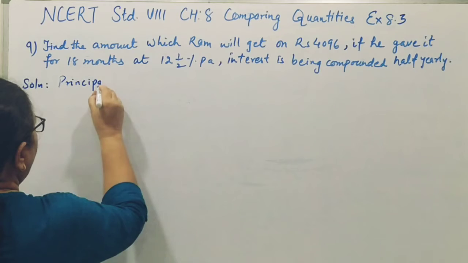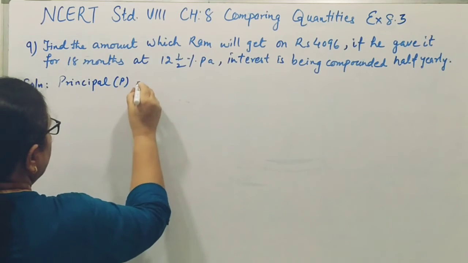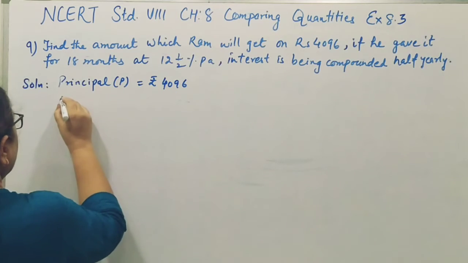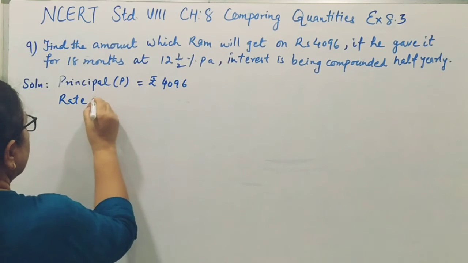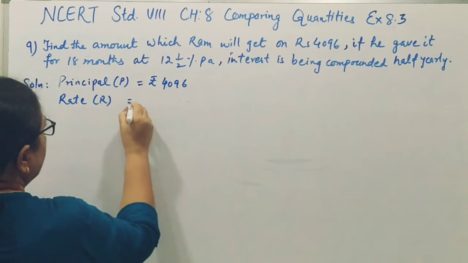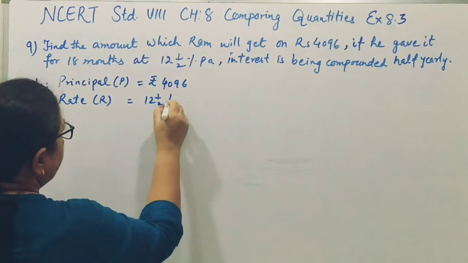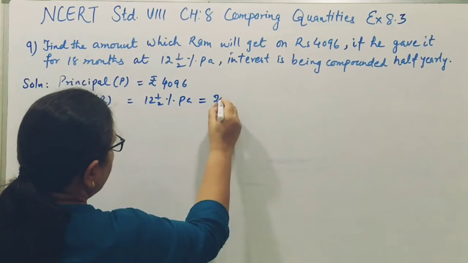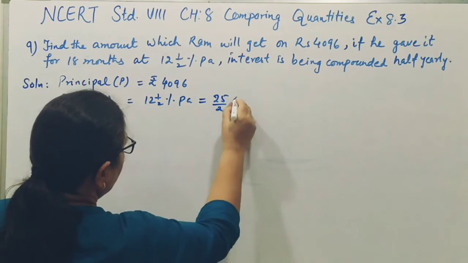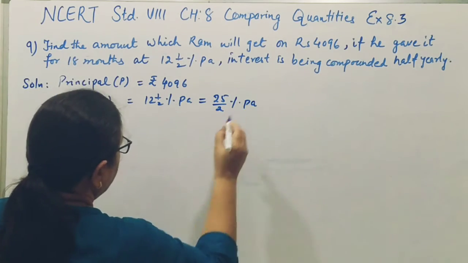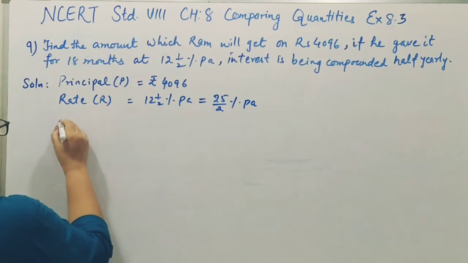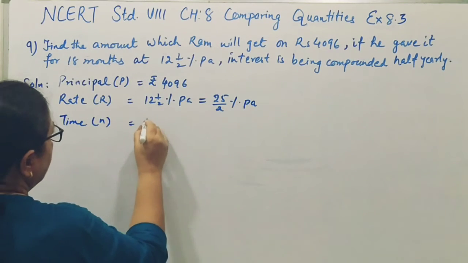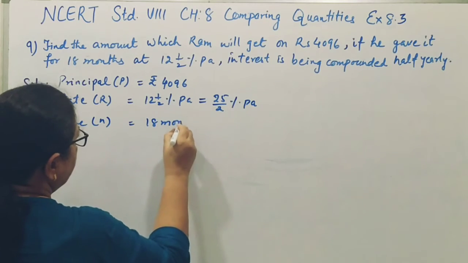Principal, rupees 4096. Rate, 12.5% per annum. We can write it as 25/2% per annum. Time, 18 months.